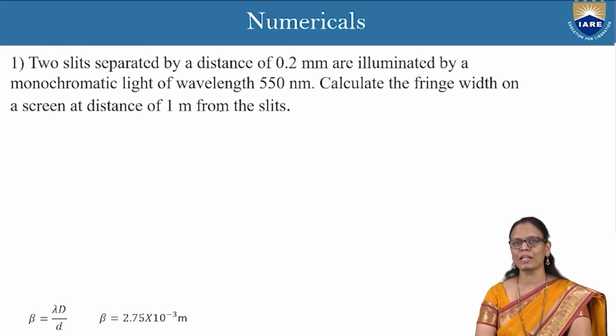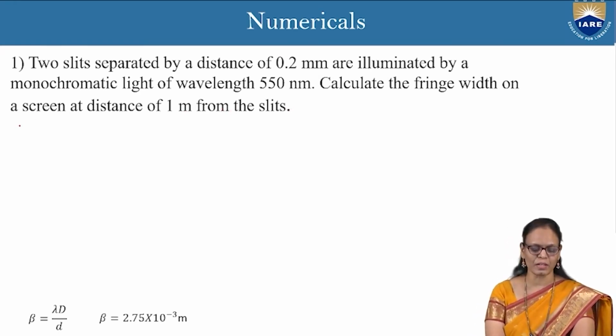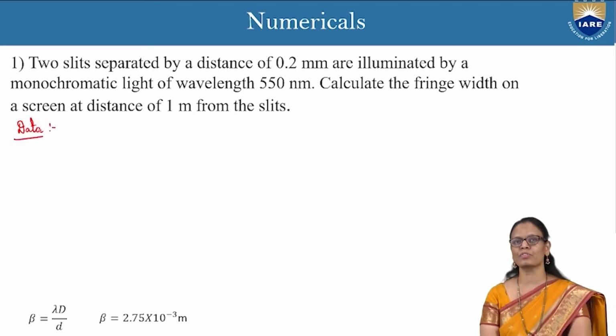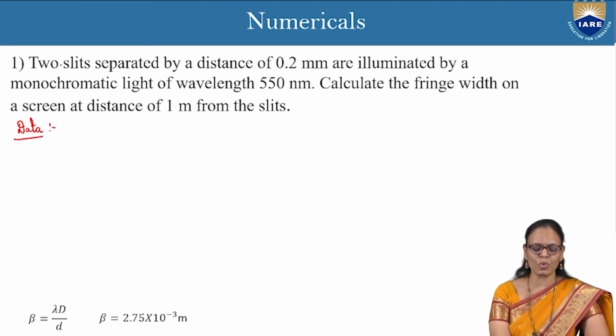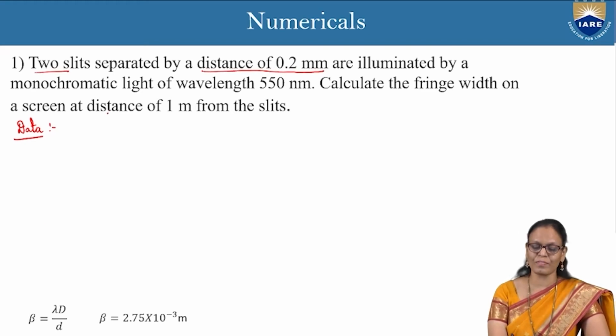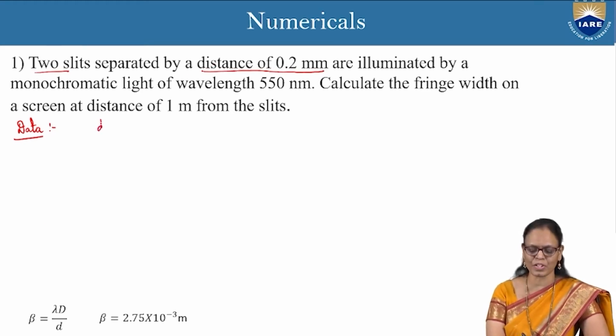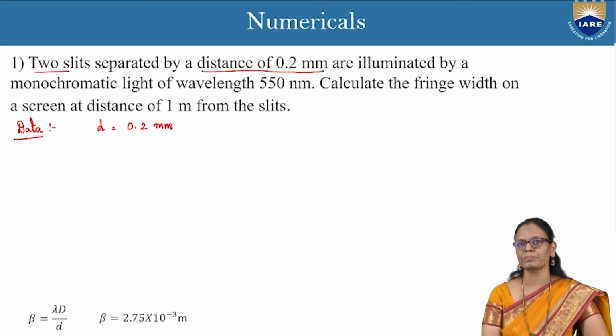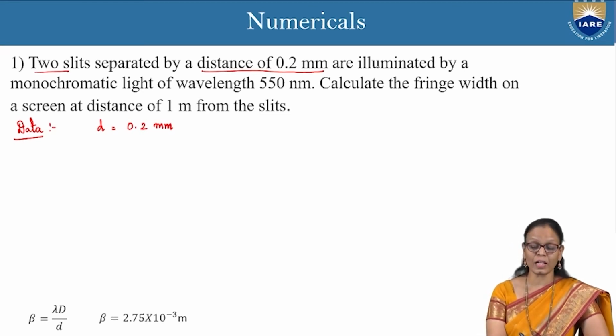Whenever we get a numerical, the first thing we have to do is write the data given. What is the data given and what we have to find? First given is two slits are separated by a distance of 0.2 mm. So the separation between the slits is small d equal to 0.2 millimeter. And we are taking a monochromatic light of wavelength lambda equal to 550 nanometer.